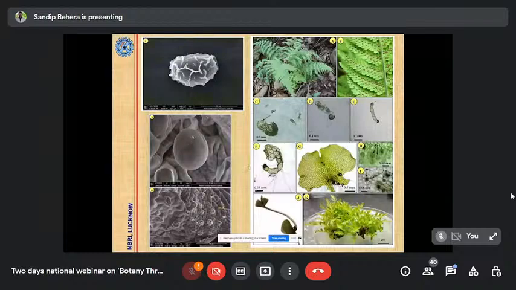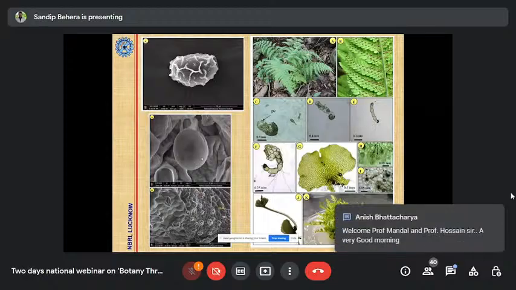This is the electron microscope photograph of one antheridium. When the antheridium bursts, the upper part dehisces. This is called operculum. It dehisces and sperms are released and they fertilize the archegonia. These are the archegonia structures of the gametophyte.